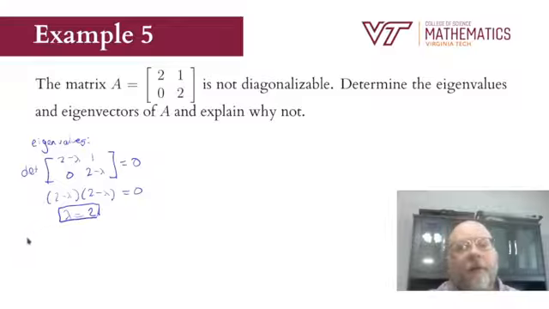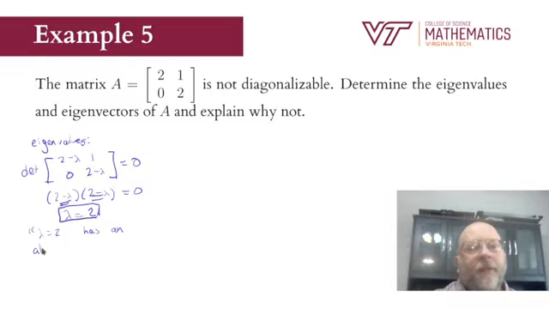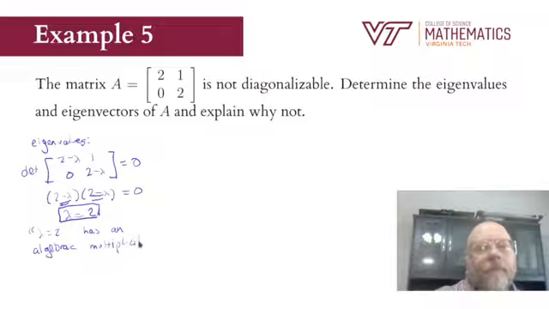Now there's some fancy language they use in a book. Because this is a repeated root, because lambda equals 2 is actually a double root of this equation, we say that lambda equals 2 has an algebraic multiplicity of 2.